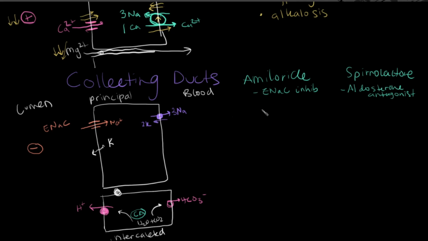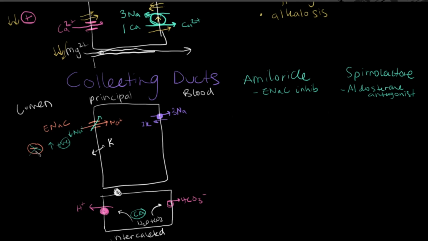So what is the effect of these two diuretics? Well, if we block the ENaC, what happens is we decrease our sodium reabsorption. And this causes the luminal charge to go from a negative to essentially a positive luminal charge.